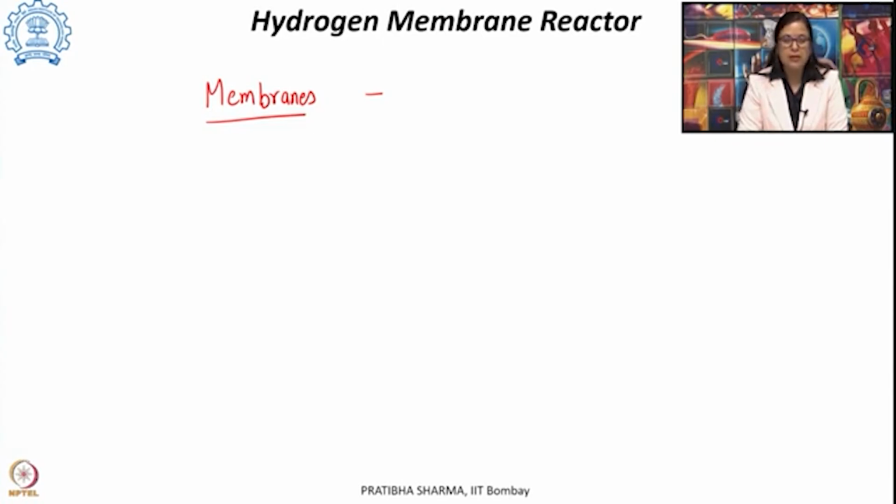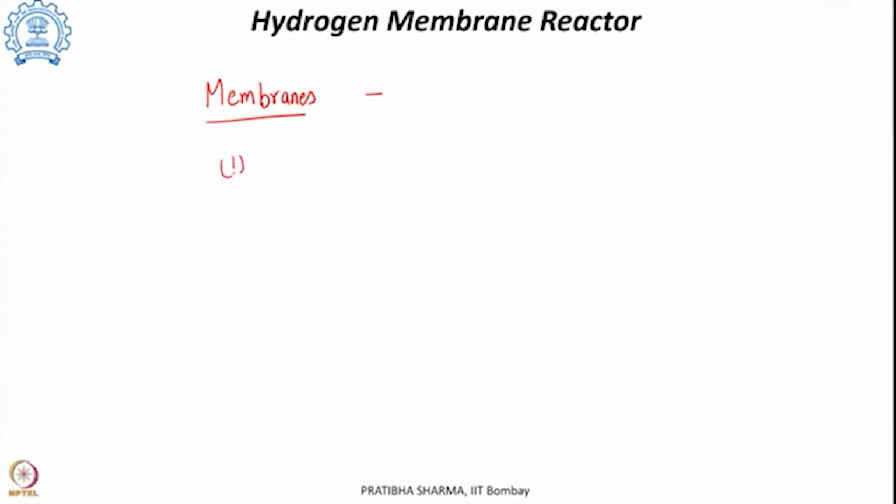The membranes need to have good permeability and selectivity towards the desired product. So, they should have high selectivity so that they allow only hydrogen to pass through, as against the other products, which could be carbon monoxide, carbon dioxide, unreacted methane.